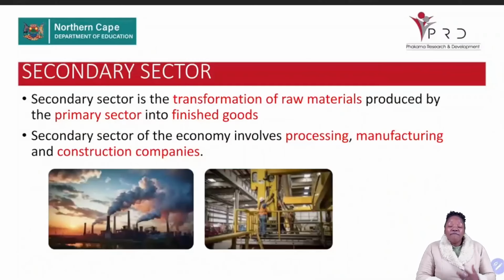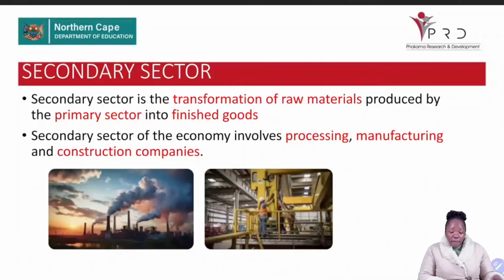So they receive the material as raw as it is, then they transform it into a finished good. For example, they receive coal from the primary sector, then they transform this coal into either electricity or into petrol. So it is now a final good.